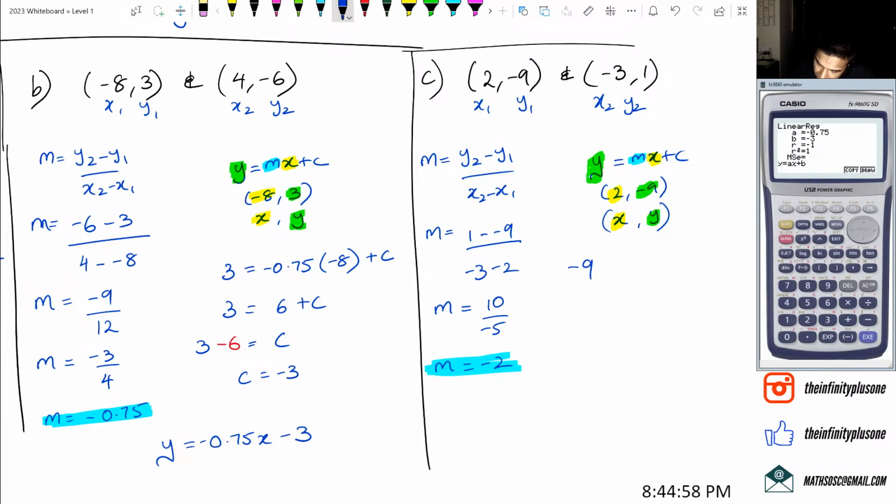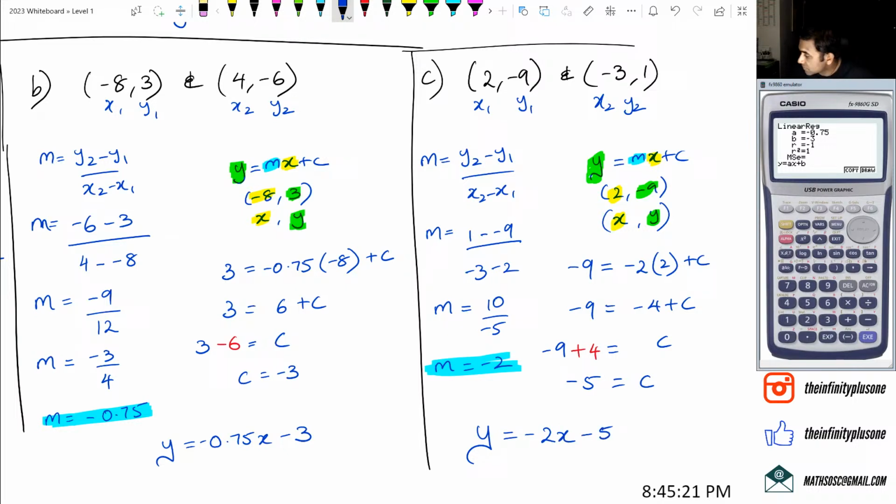So I've got minus 9 is equal to negative 2 times 2, plus c. I've got negative 9 equals negative 4 plus c. Then c is equal to minus 9 plus 4, which gives me minus 5 as c. So my equation is y equals minus 2x minus 5.